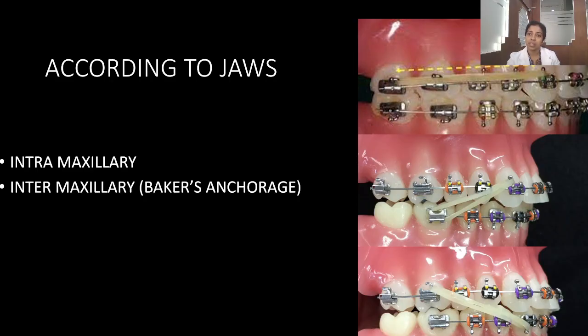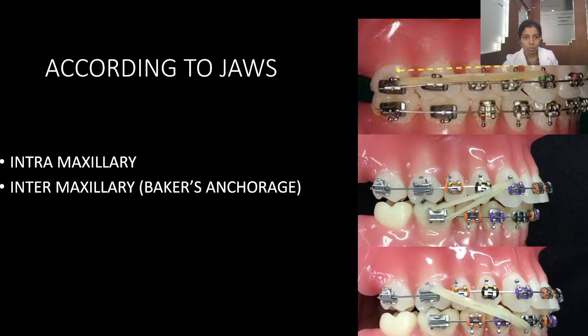So the Baker's anchorage can be either a class 2 anchorage or a class 3 condition. Okay, so for the class 2 correction, we give elastics from the mandibular molars to the maxillary anterior region for the retraction of maxillary anteriors, and we need slight protraction of the mandibular molars.